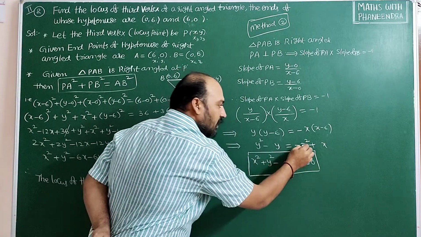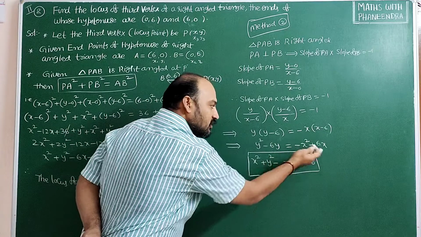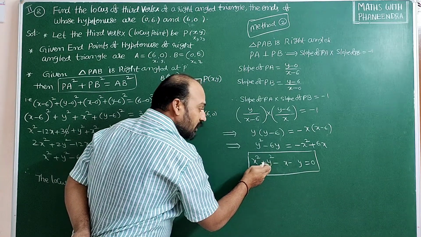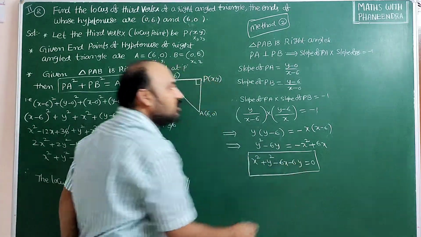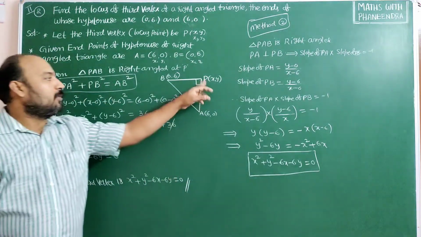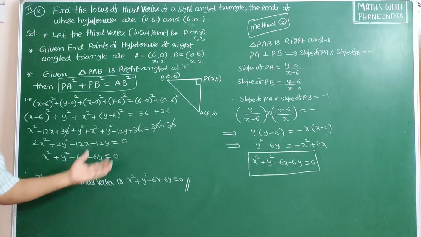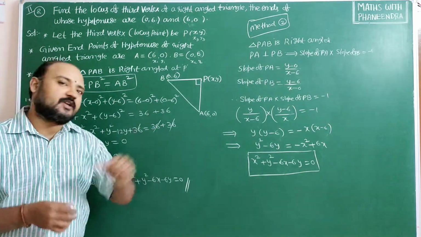So that gives minus x square plus 6x minus 6y. These values we are taking here, minus x square plus x square. So x square plus y square minus 6x minus 6y equal to 0. I already said how to proceed with method 2. They are perpendicular, so product of two slopes equal to minus 1.